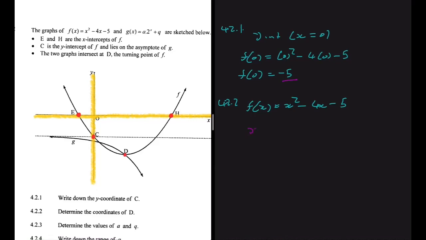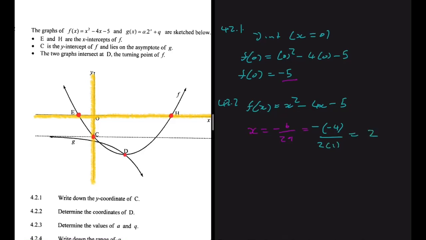We can say that x will be equal to minus b divided by 2a. b is the coefficient of x, so that's minus 4, and a is the coefficient of x squared, so we have 1 there. So now we can see that x at the turning point should be equal to 2.